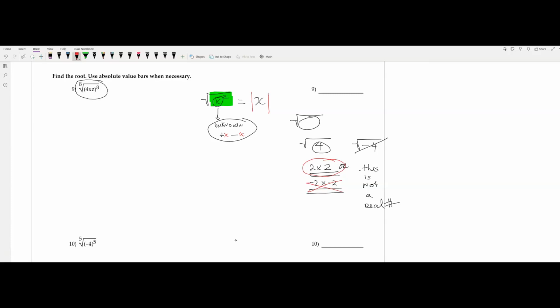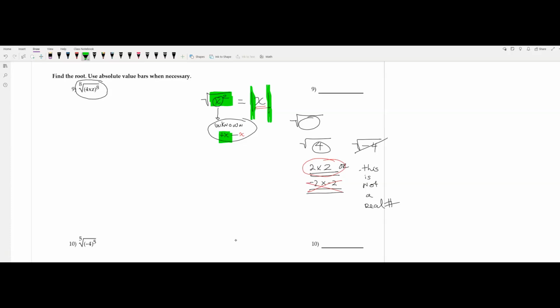Now, because x is unknown and represents positive numbers and negative numbers, when I find my answer, which is just x, I need to make it representative of positive x. And the only way I can turn a negative value into a positive is to apply the absolute value.